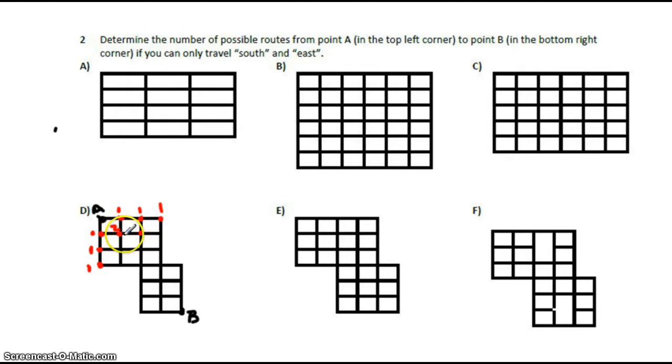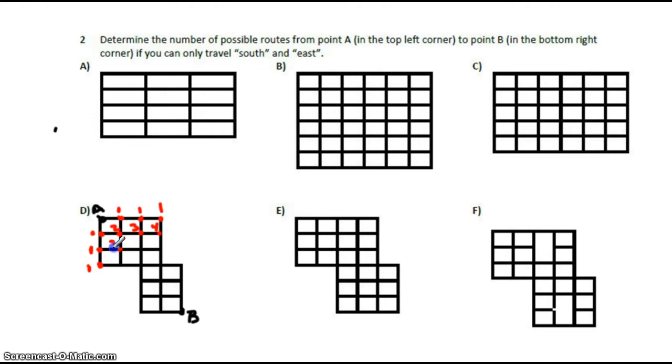There's 2 ways to get here, 1 way to get there, so in total there are 3 ways I could get there. In a similar way, this will be 4. Okay, and I can map out these routes. So for example, for the one that's 3, I could go east, east, south, or east, south, east, or south, east, east, and there's the 3 ways I can get to that corner. Let's continue on. I'll try to go a little quicker.